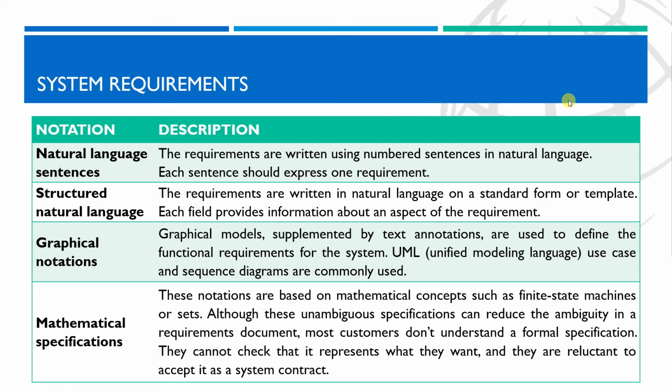The user requirements for a system should describe the functional and non-functional requirements so that they are understandable by system users who don't have detailed technical knowledge. Ideally, they should specify only the external behavior of the system.